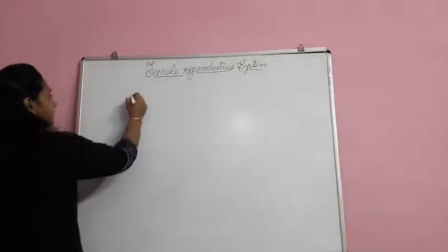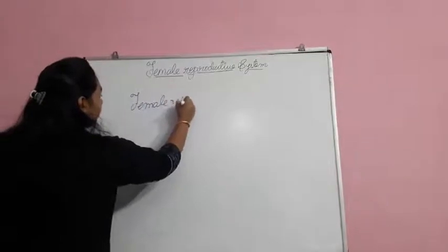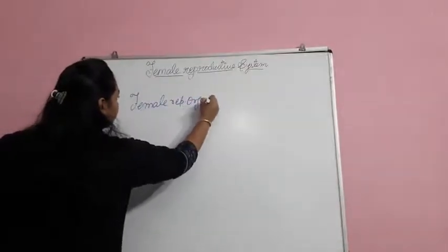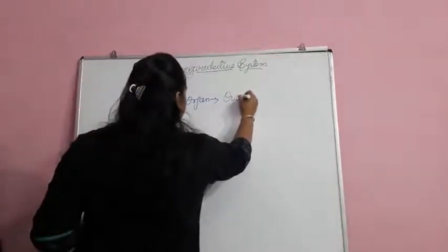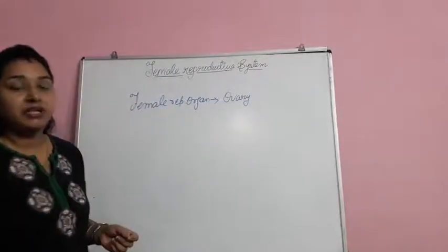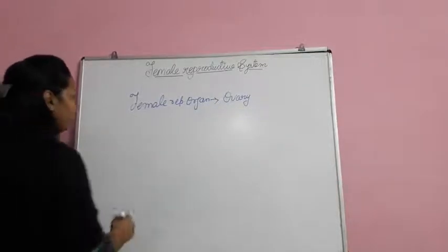Before that, let us first see what the female reproductive organ actually is. The female reproductive organ is called the ovary. Ovary in females is present in a pair, that is, there are two ovaries in a human female.